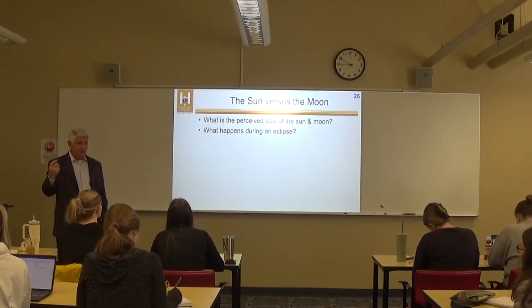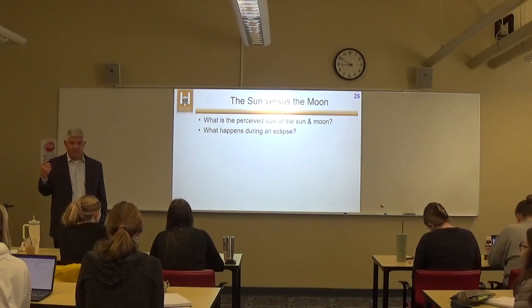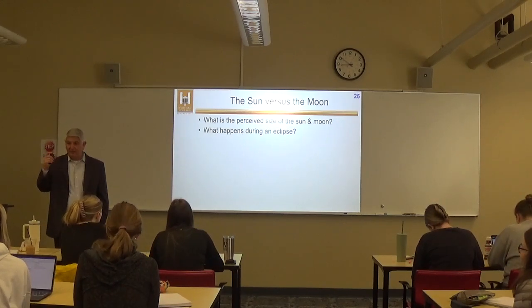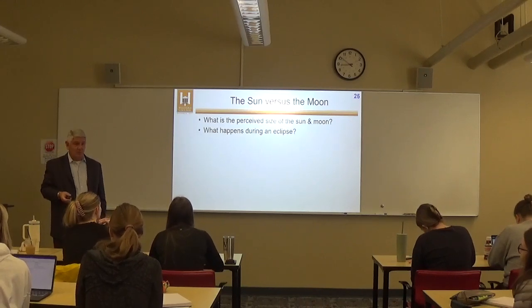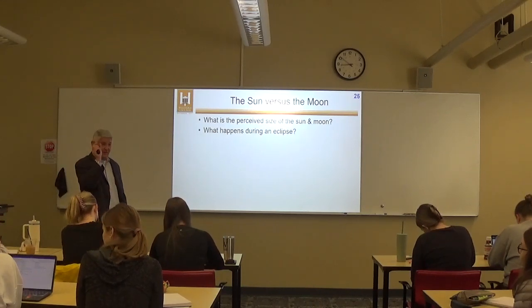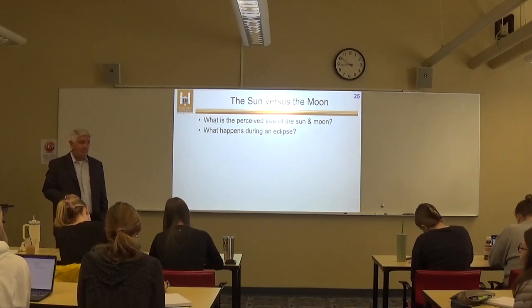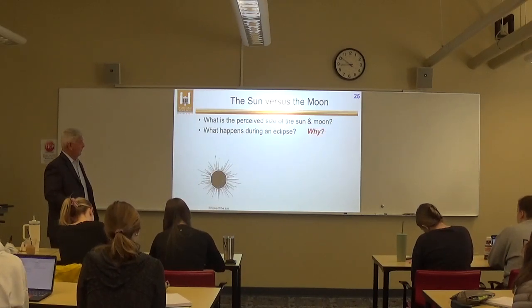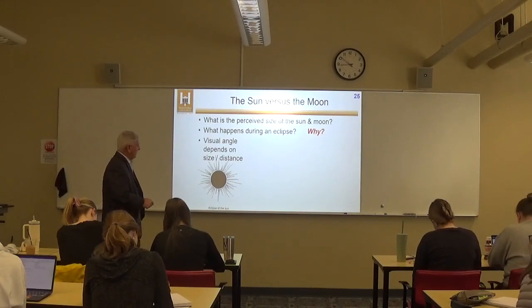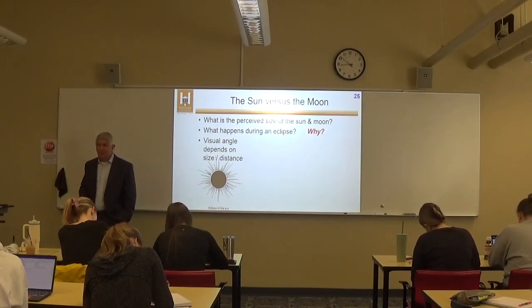I remember the eclipse like 8 years ago. Yeah. So what happens in an eclipse? The moon covers up the sun. They're the same size, right? It fully covers it up, right? Same perceived size, right? Because they have the same visual angle.